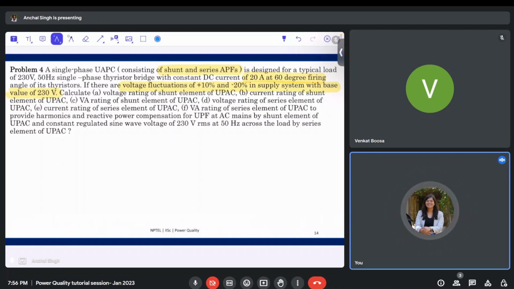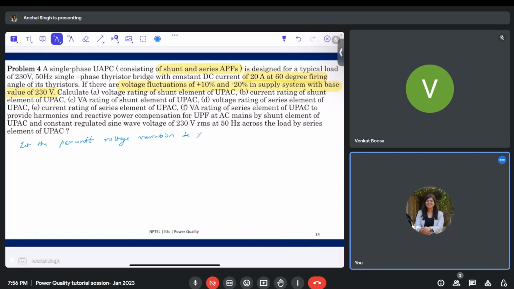Okay, so in this part we are given, let us assume that the per unit voltage variation is X and Vs dash be the per unit supply voltage variation be some quantity X. That plus 10% to minus 20%, let me call it this variation as X per unit.